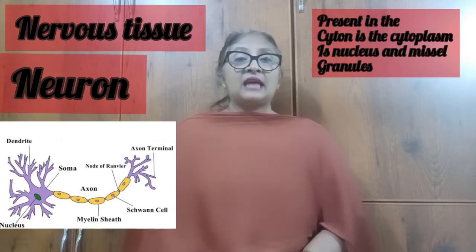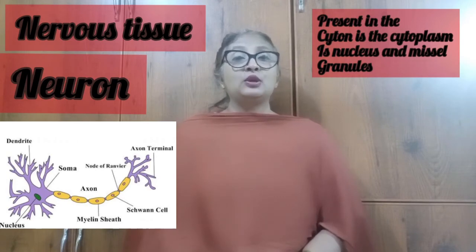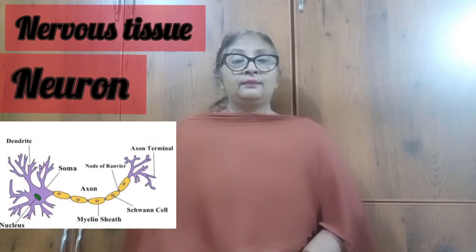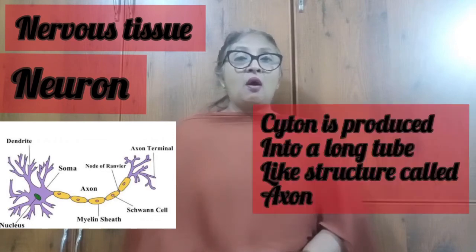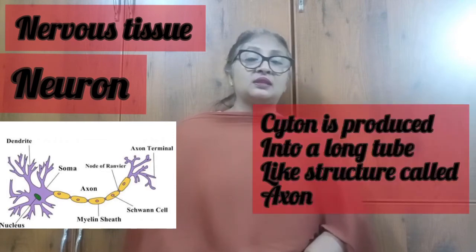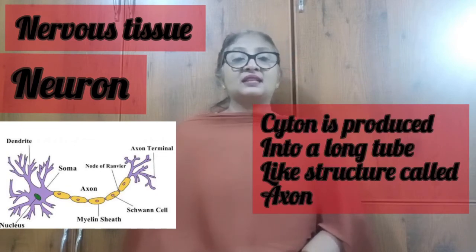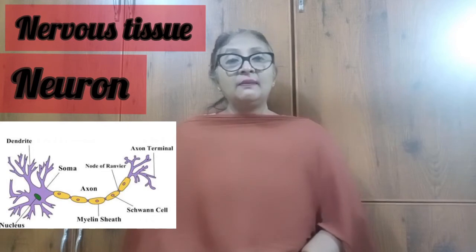Within the cyton is present the cytoplasm, and suspended in the cytoplasm is the nucleus and the micelle granules. The cyton or the cell body is produced into a long tubular structure known as the axon, which terminates in the nerve endings.